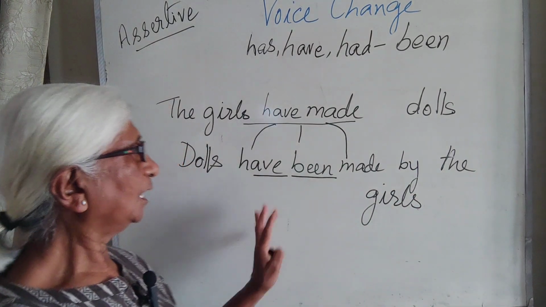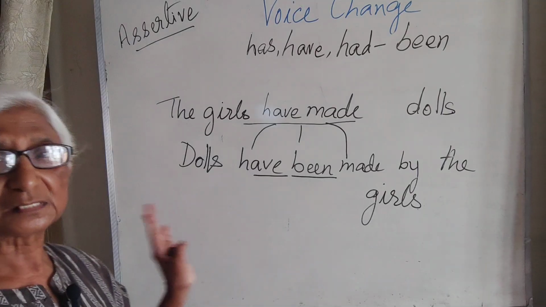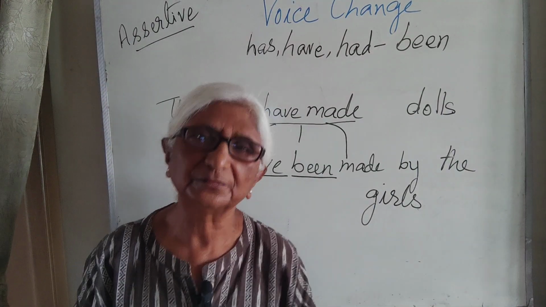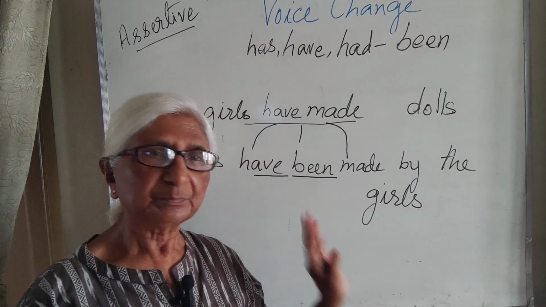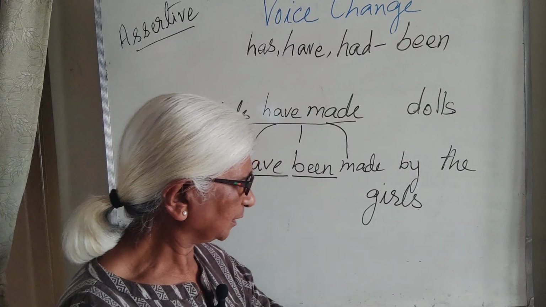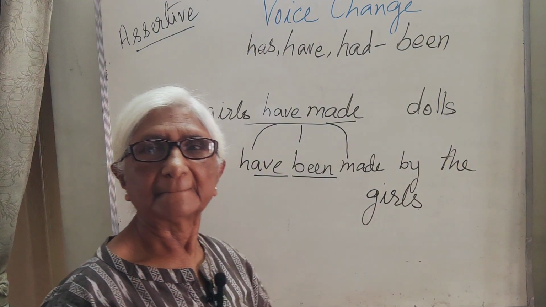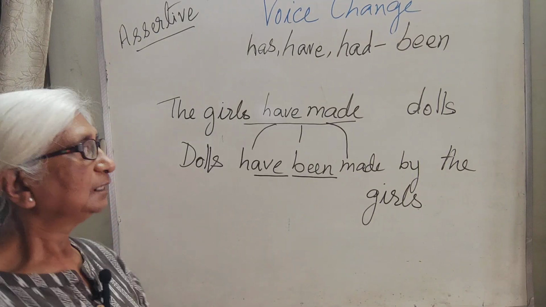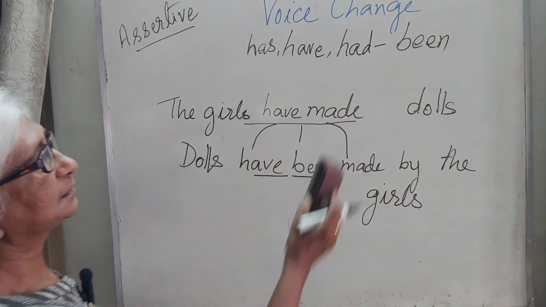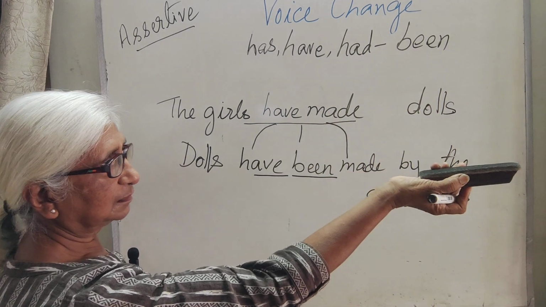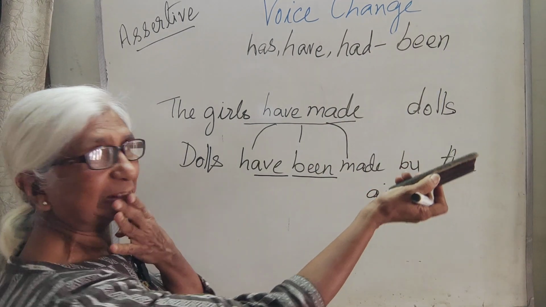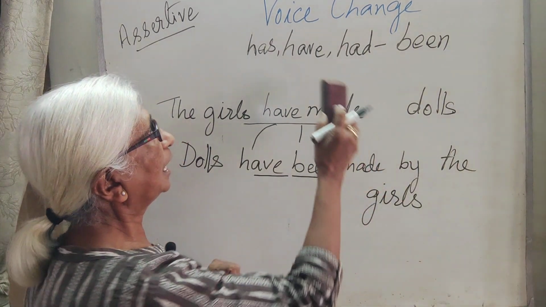Okay, now suppose we turn this into past perfect tense. This is present perfect tense and we turn it into past perfect tense. Just a minute. Okay, past perfect tense. Now in past perfect tense we have seen that it is always had. Whether it's singular, whether it's plural, it's always had.